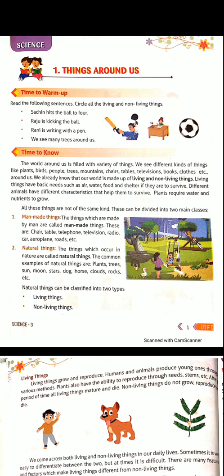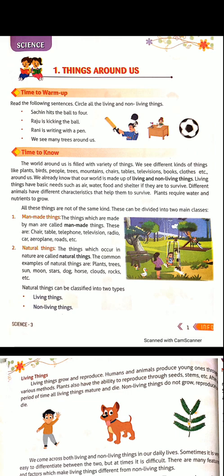All these things are not of the same kind. These can be divided into two main classes. Man-made things: the things which are made by man are called man-made things.